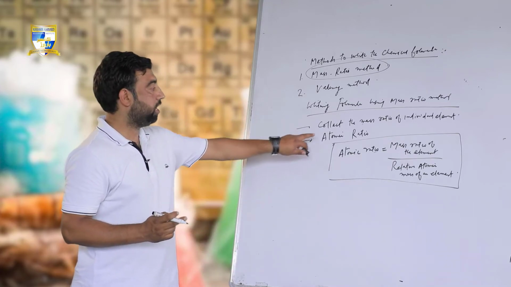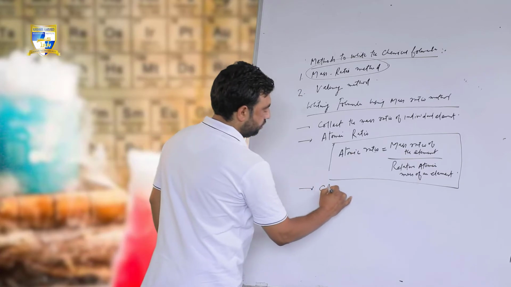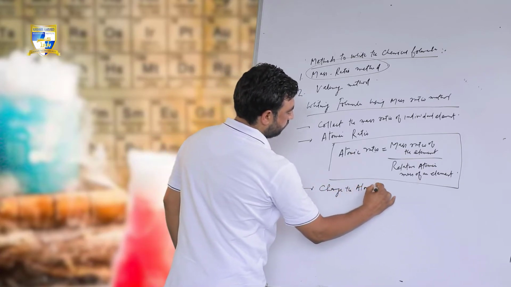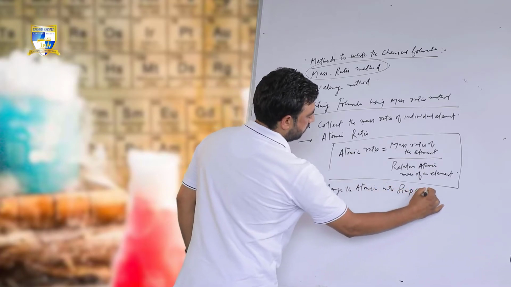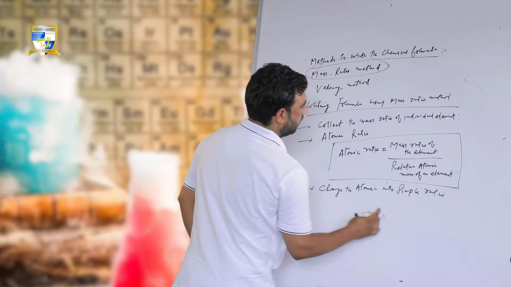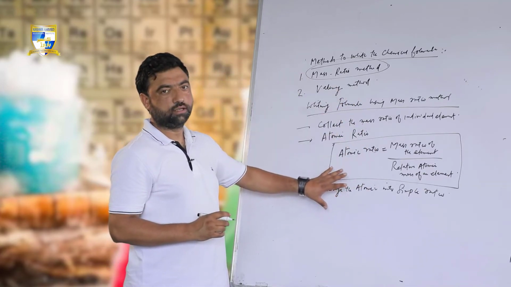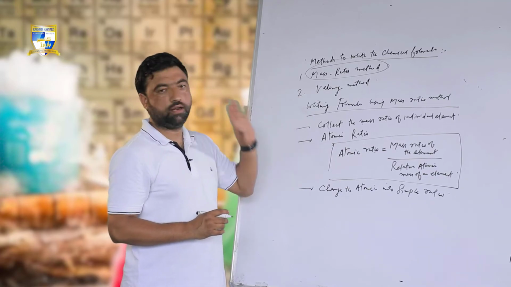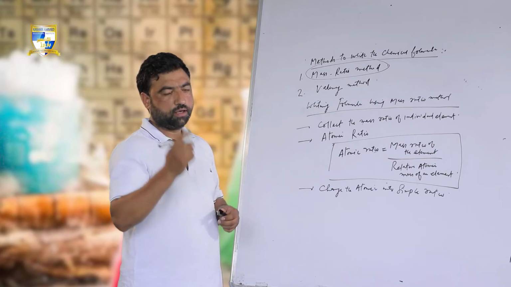Then, change this atomic ratio into a simple ratio. This is very simple. Now see, I am going to apply all these things in order to make you clearly understand the topic.